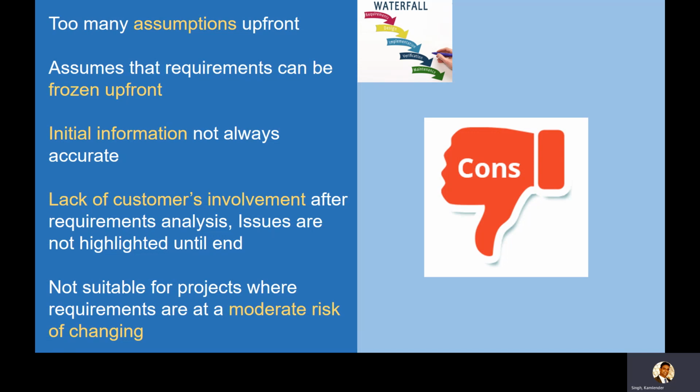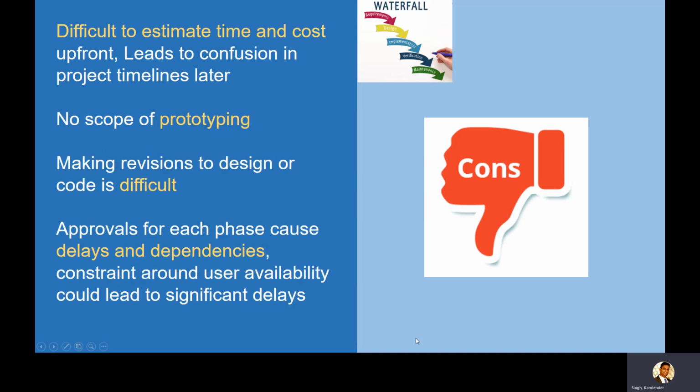Because if you tell developers in the middle of the development that I want these 10 changes, they will not be happy about it. They will ask you to go ahead and change the requirement document, go ahead and change the design document. It's a lot of chaos if you are working on a project wherein there is a moderate risk of changing requirements.